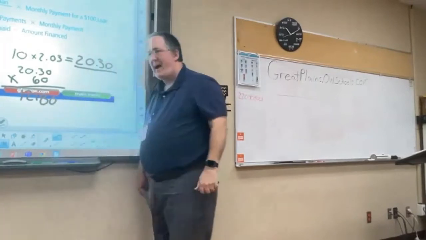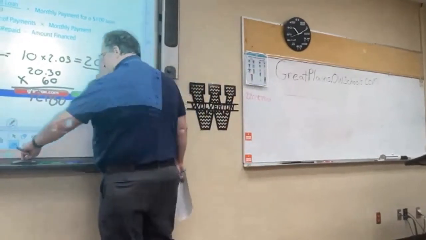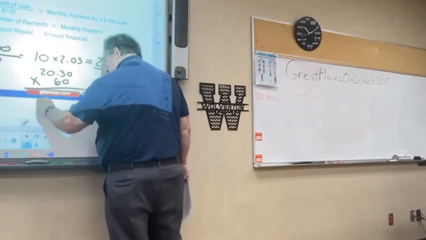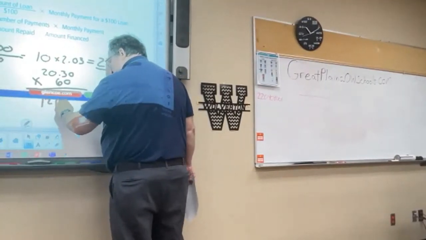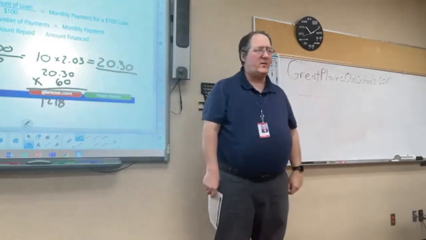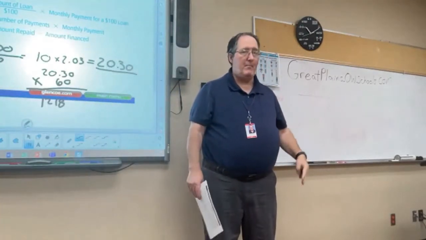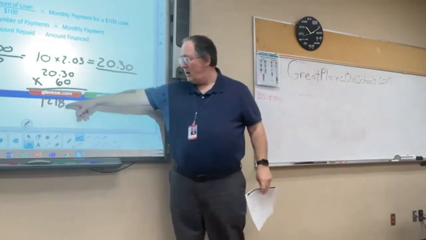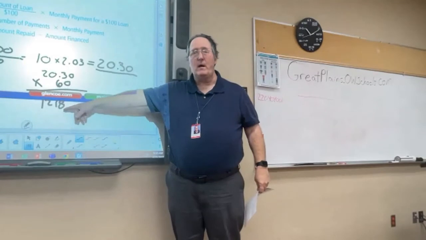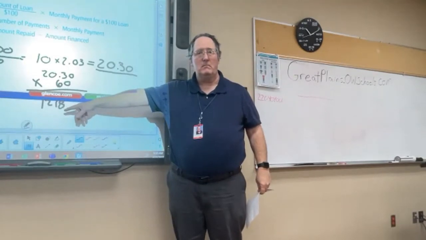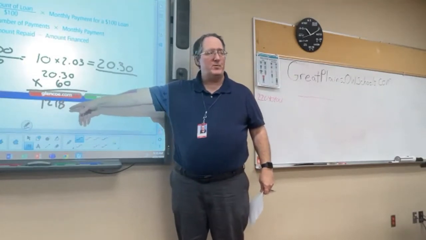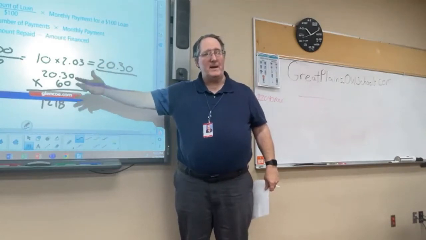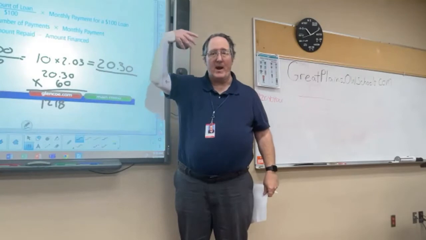So I borrowed $1,000 from the bank, and by the time I have paid off the loan, I paid the bank $1,218. Again, I borrowed $1,000. I ended up paying them $218 more than I borrowed. Okay? That $218 is the interest that I end up paying the bank.